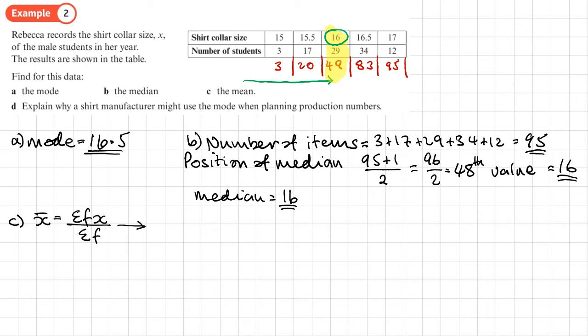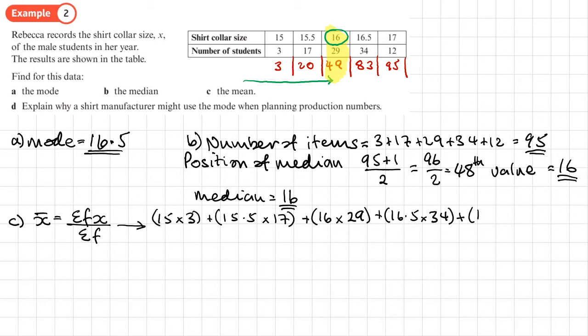So this will be the data, so that's 15 times 3 plus 15.5 times 17 plus 16 times 29 plus 16.5 times 34 plus 17 times 12. That's all got to be divided by the sum of the frequencies, which we've worked out already. That's 95.